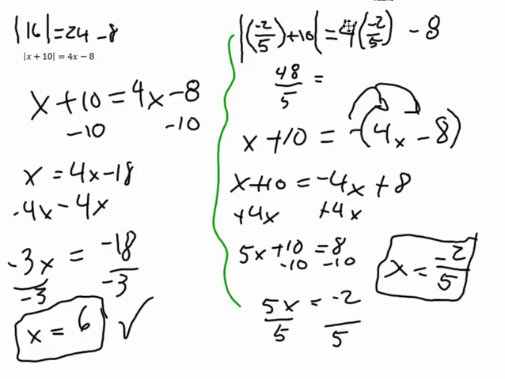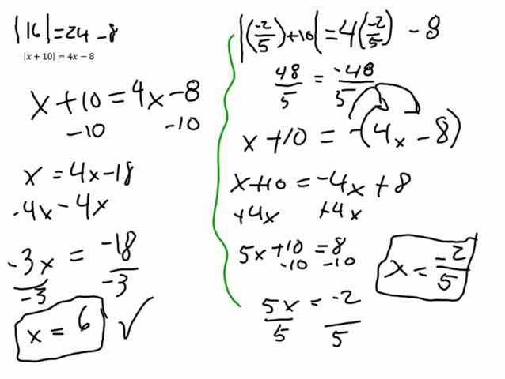And now here I have 4 times negative 2, that's negative 8 fifths. So negative 8 minus 8 over 1, turn that into 40 over 5. So I get a negative 48 fifths.